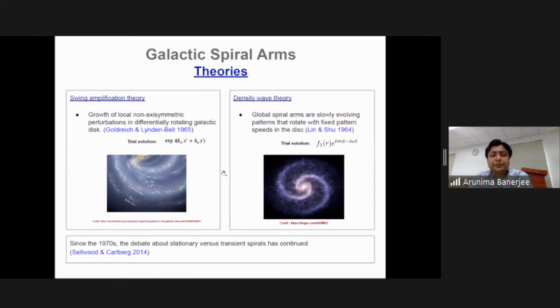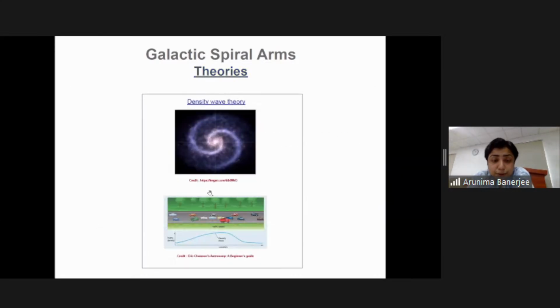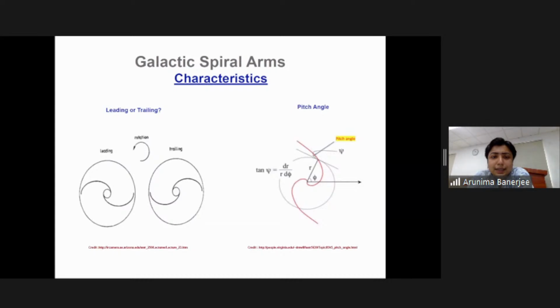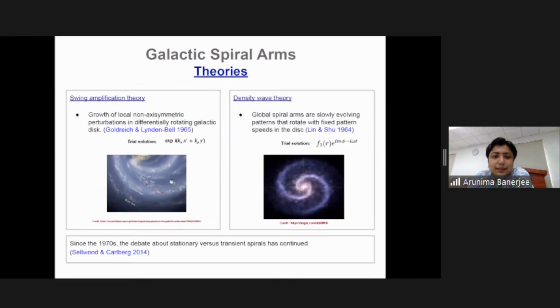Mainly the swing amplification theory is used to understand tightly wound spirals like this, right? If you compare the spiral patterns in these two cases, this is comparatively loosely wound, this is tightly wound.